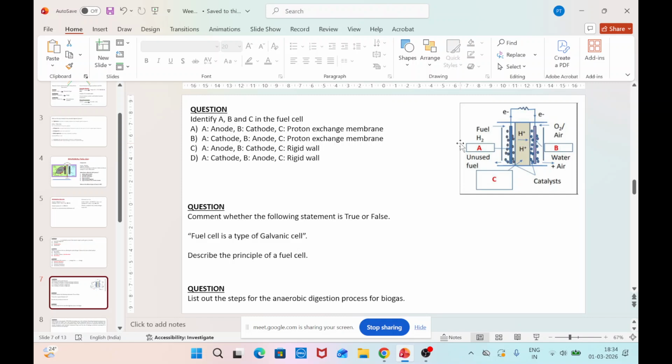Here, the distinguishing factor between anode and cathode will be based on the type of gas, or you can say the reactant that is used, and also from the flow of electrons.